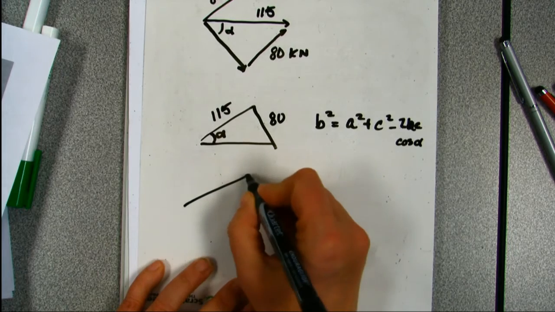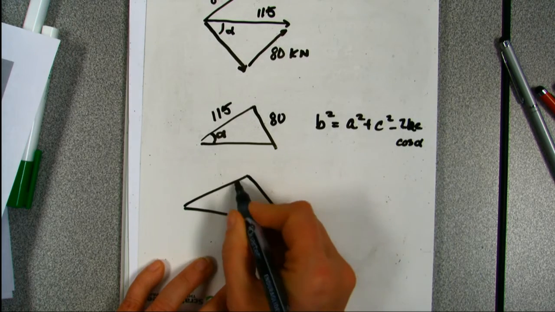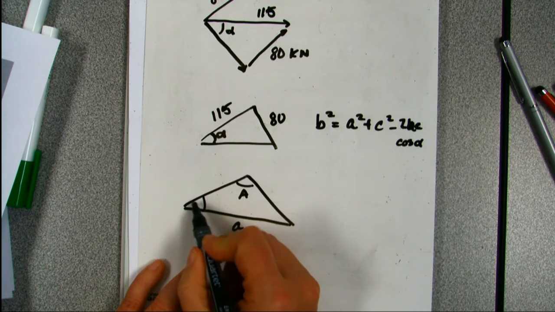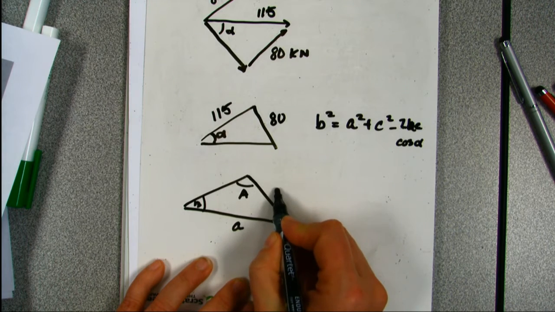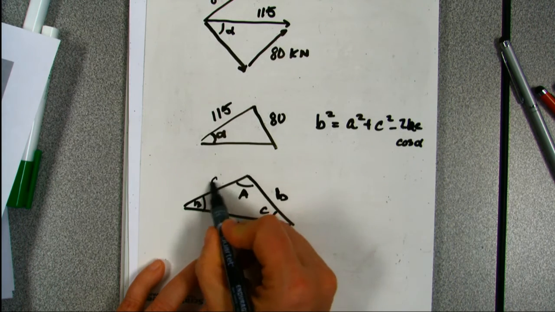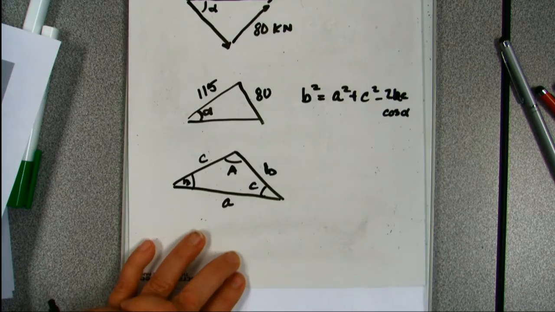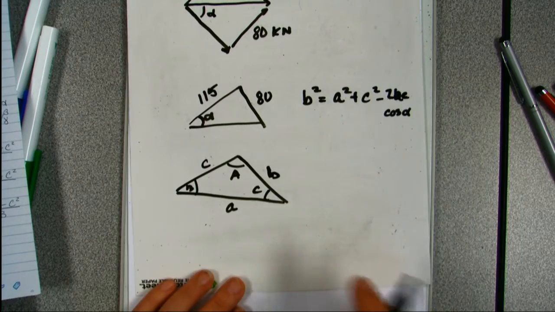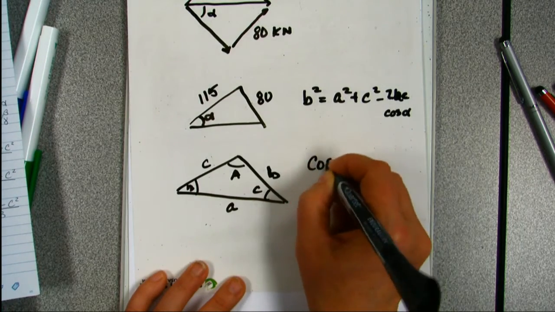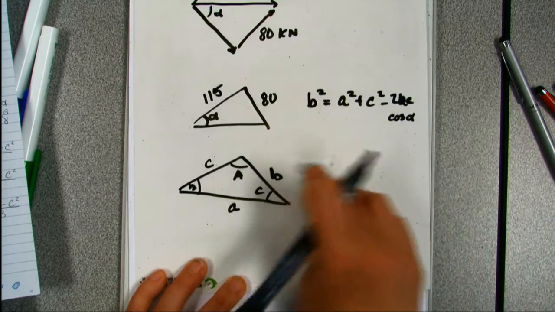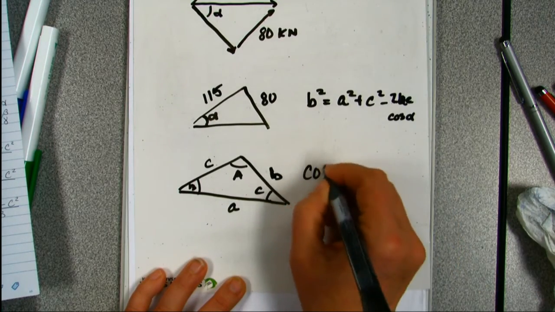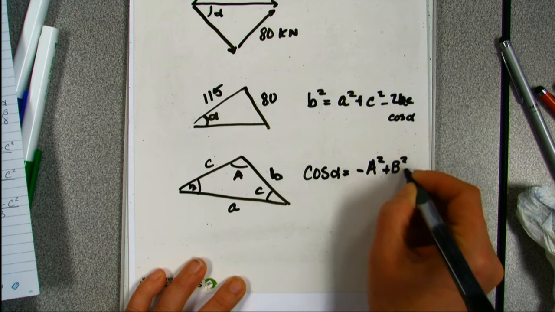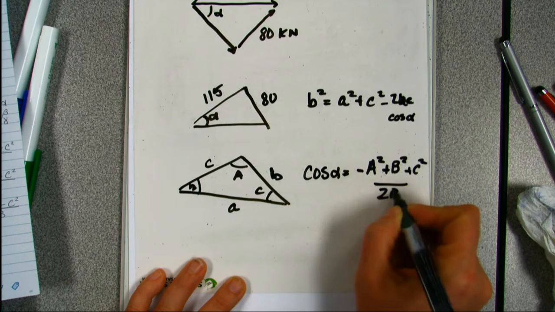Because if I look at this, we're going to make this A, this is little a, we make this B, that's little b, we make that C, that's little c, and if I have any one of those, I can actually utilize it. In fact, the cosine of the angle is equal to minus A squared plus B squared plus C squared divided by 2BC.